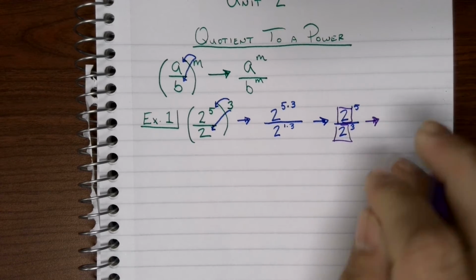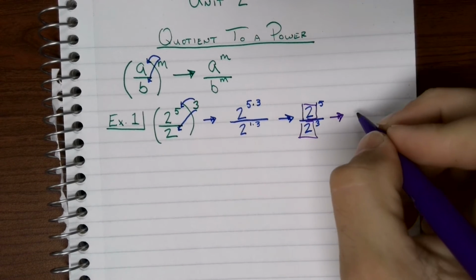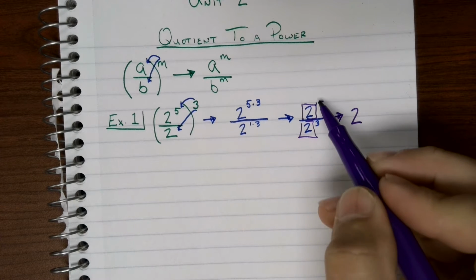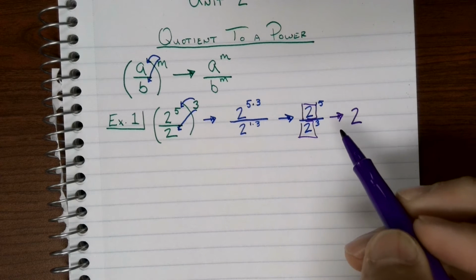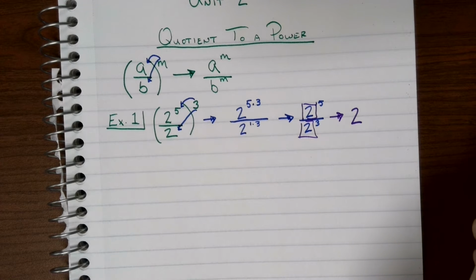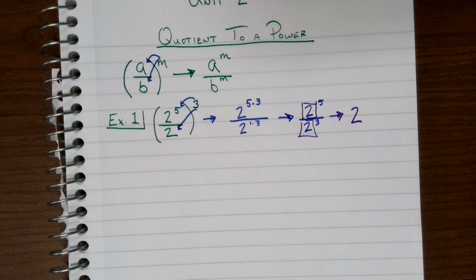So with similar bases and my quotient rule, I know that my 2 comes over. All right? And what do I do with my exponents with the quotient rule? Do we add or subtract? Remember, you guys said to divide means to make things smaller. Like if you have a pizza and you divide it amongst your classmates, that pizza gets smaller, right? Okay, so we're going to subtract.